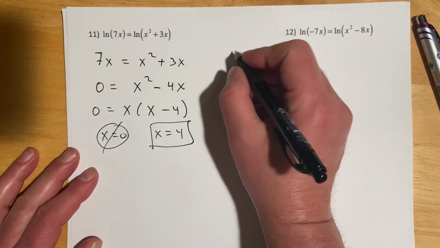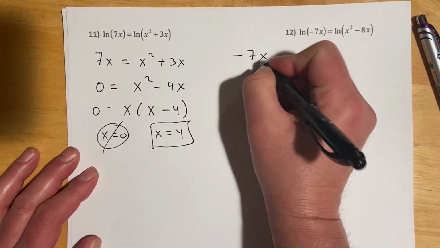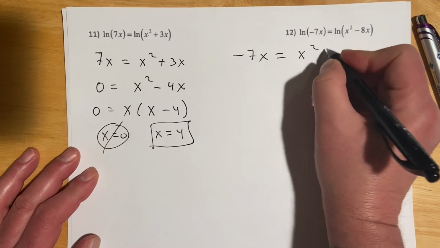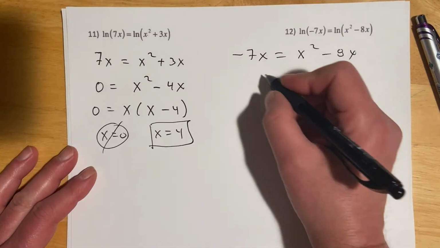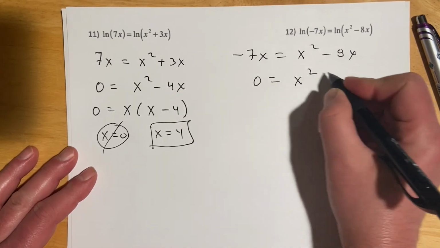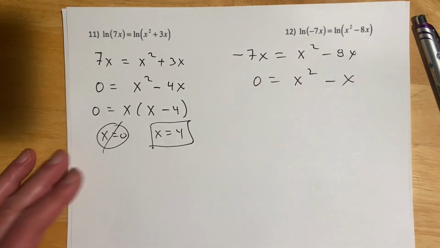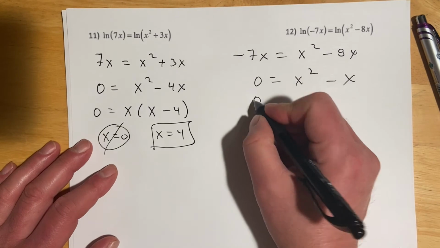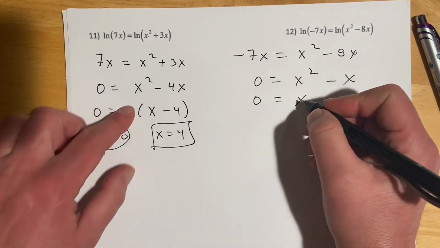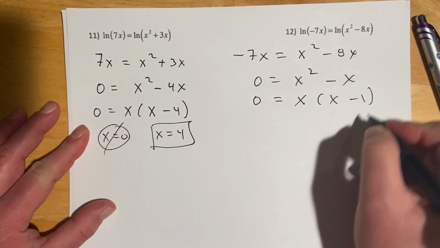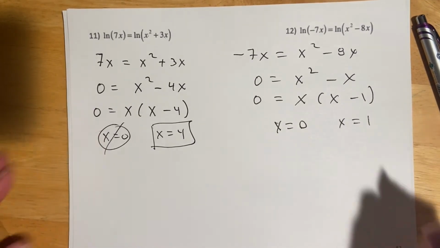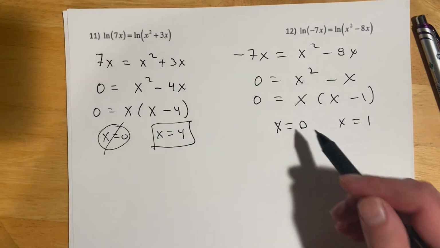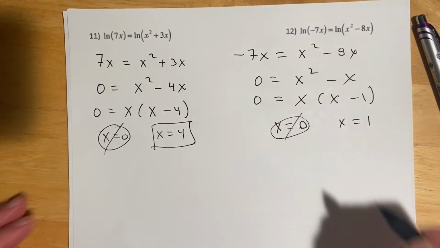Similar exercise here. So this would just be negative 7x equals x squared minus 8x. I add that 7x over, and I get 0 equals x squared minus x. Okay, so then I can factor an x out. So far just basically like this one. And we get x equals 0, and then x equals 1. And so very easy to go, okay, x doesn't equal 0, cool, that one doesn't work.